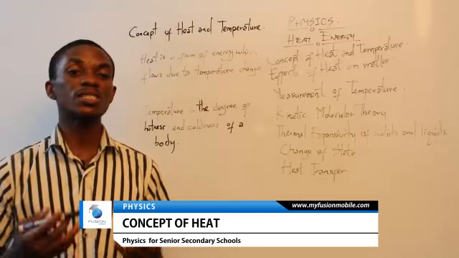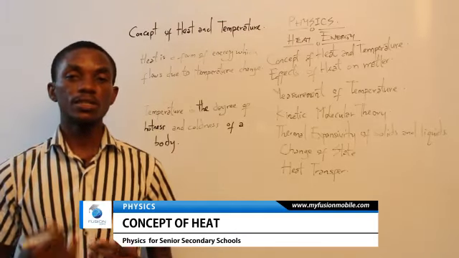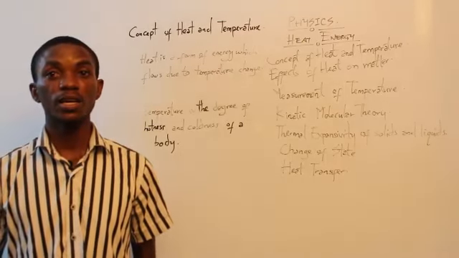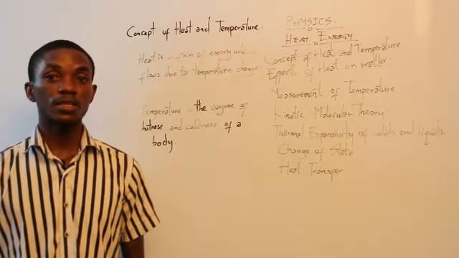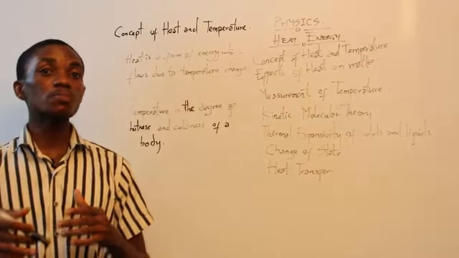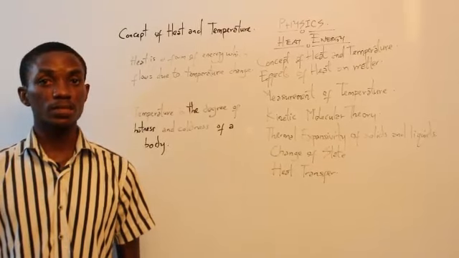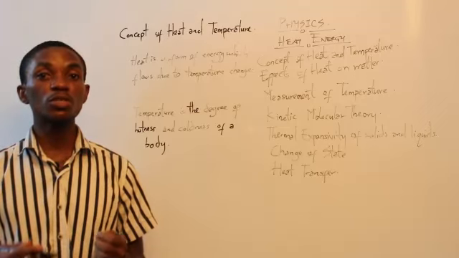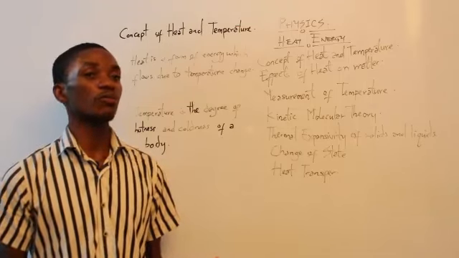So what is temperature itself, since heat is related to temperature? Well, temperature is a degree of hotness or coldness of a body. It's how hot or how cold a particular body is. That's what temperature is. Most times people mistake temperature for heat, but in this topic, we'll look more into it and see how we can differentiate between the two of them.